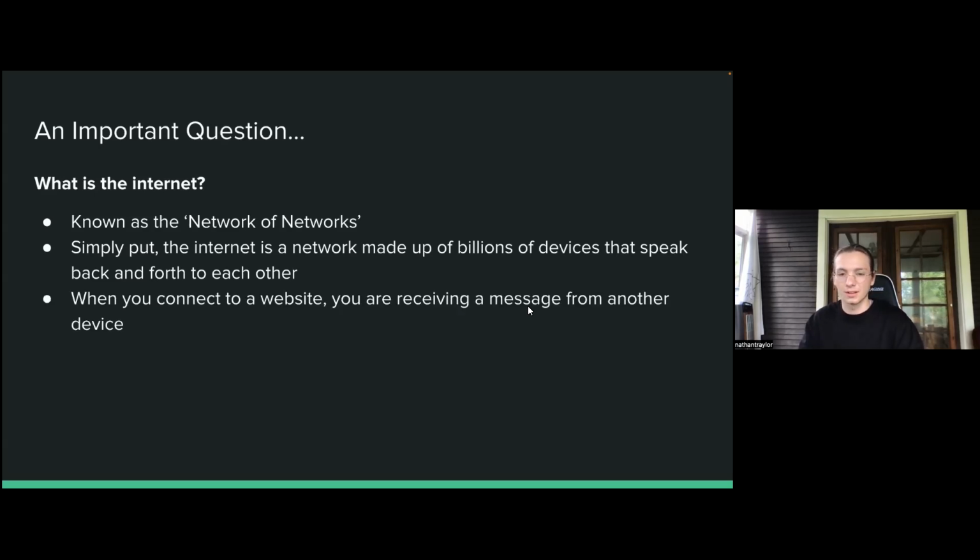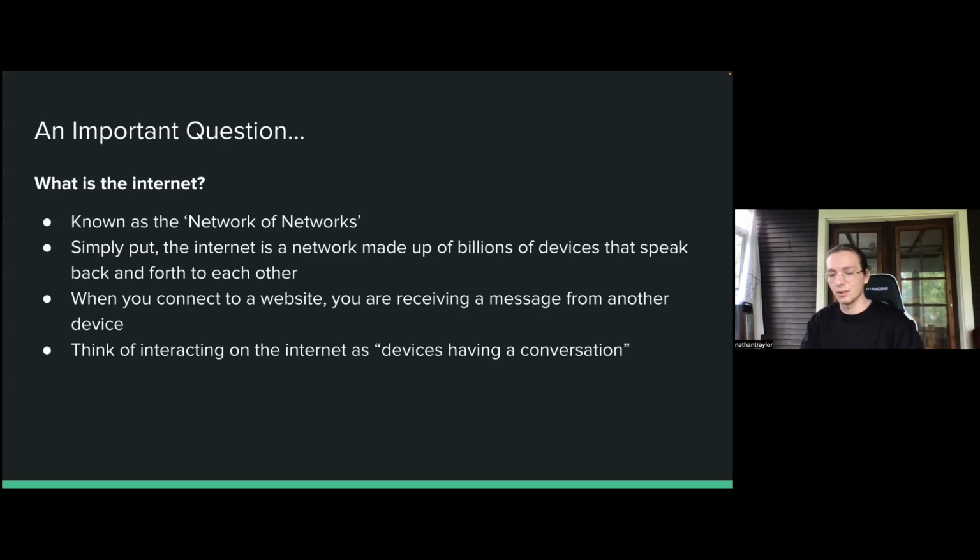So when you connect to a website, let's say you go to google.com, what's happening is you're receiving a message from another device, and in that message, you're being told what is hosted at google.com. So this interaction across the internet could essentially be thought about as devices having a conversation with each other.